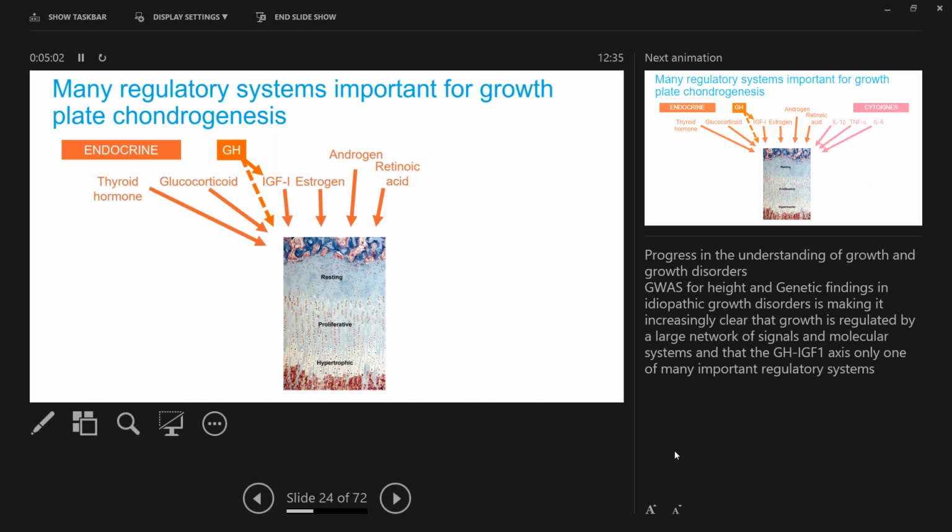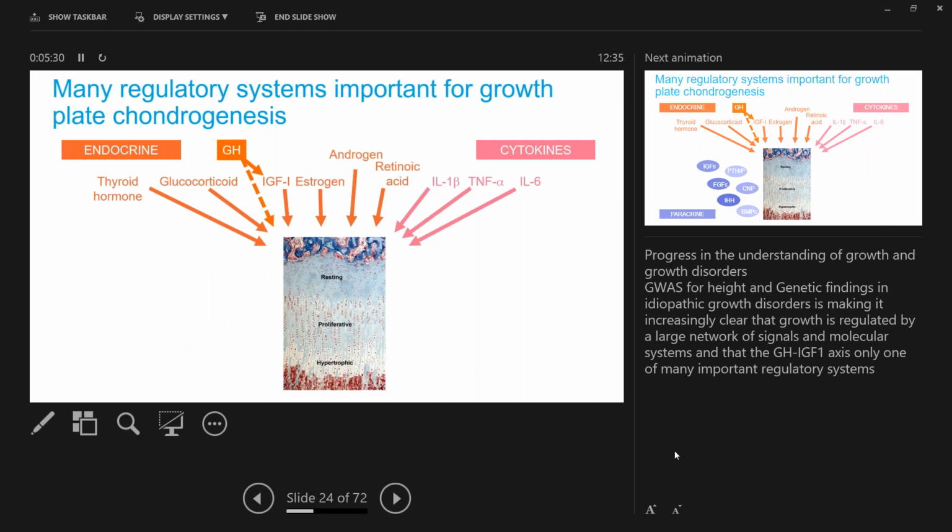There are also many other factors, like cytokines, that can act directly on the growth plate to inhibit growth, and that contributes to the poor growth of children with inflammatory diseases like juvenile arthritis or inflammatory bowel disease.